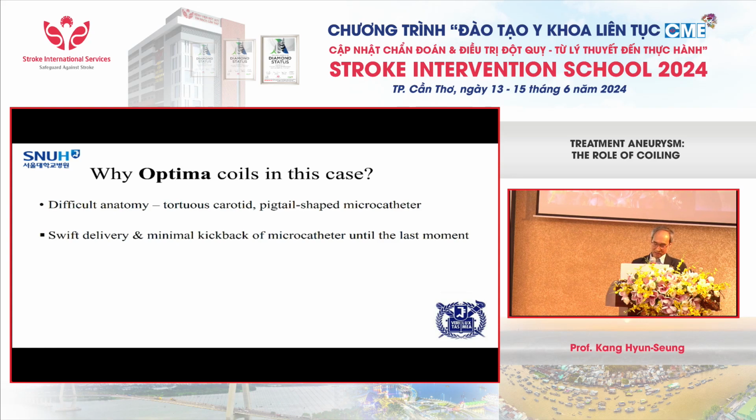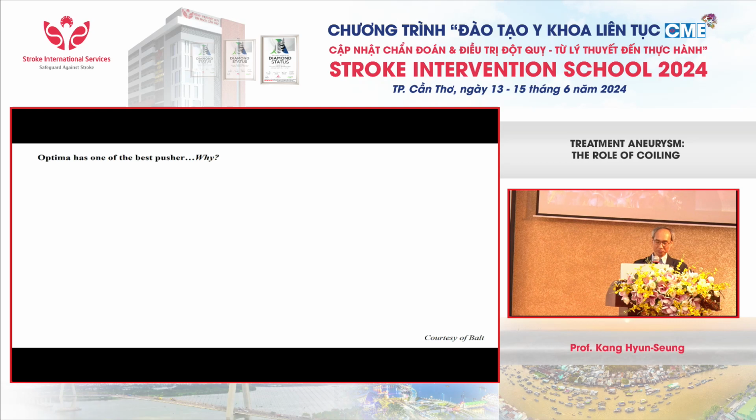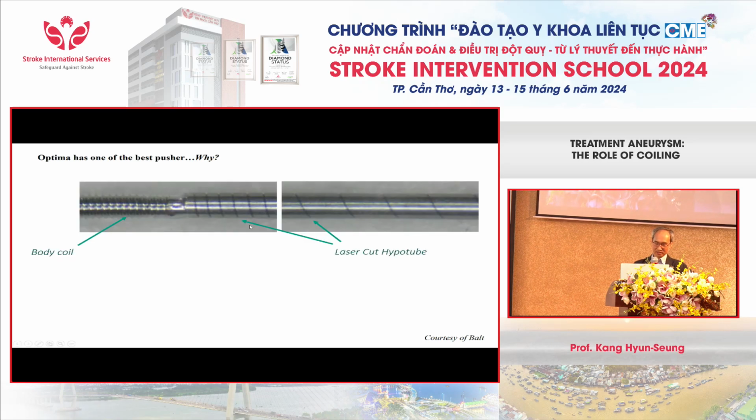So in this special case, I love to use Optima coil. Optima coil has one of the best pushers. Why is that? It has a very specially made body coil, and it has a laser cut hypotube.